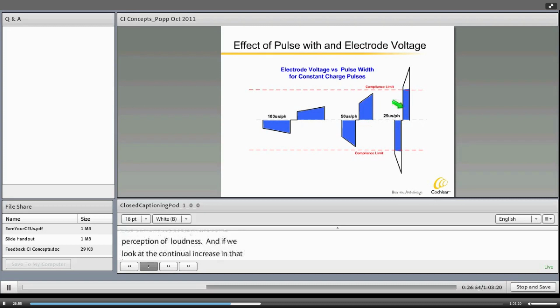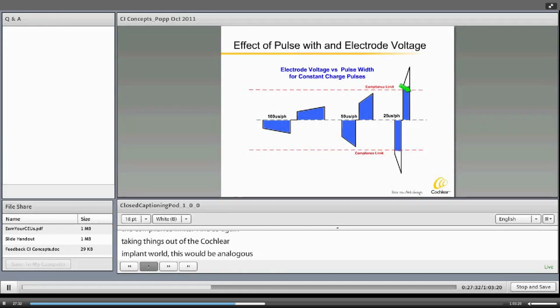And if we look at the continual increase in that pulse width, what you'll see from the narrowest, which is where we would typically start, and perhaps someone is crossing that compliance limit and having an electrode that's out of compliance, you're then able to go to a wider pulse width, provide the same amount of loudness perception, but because it's being spread over a wider current, you're no longer coming up to the compliance limits.